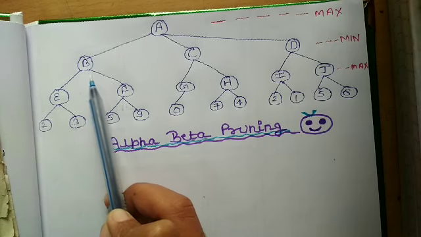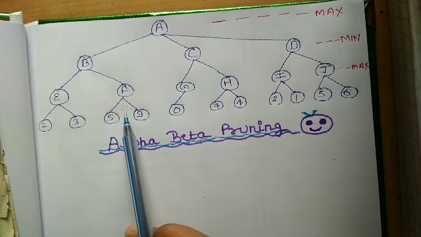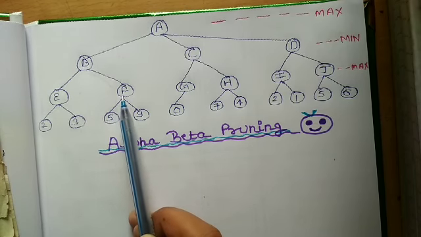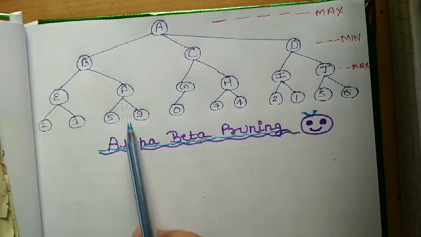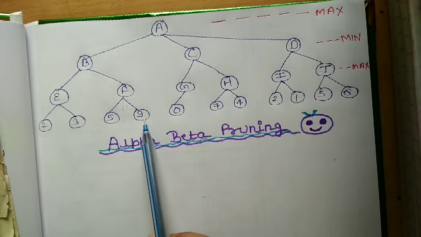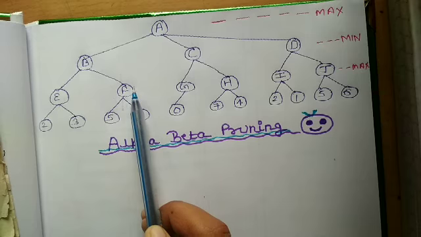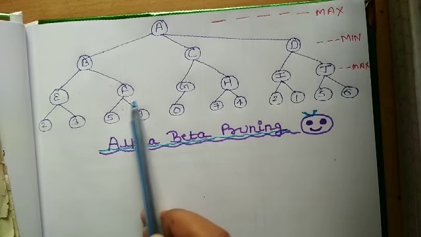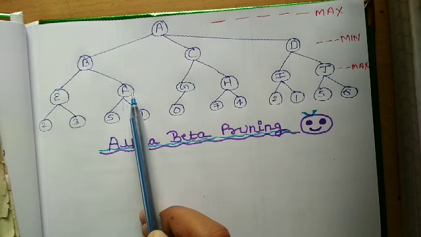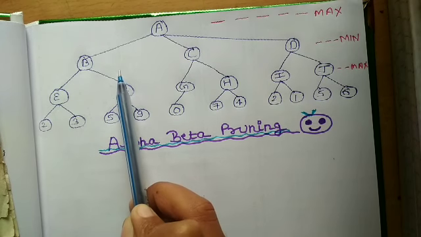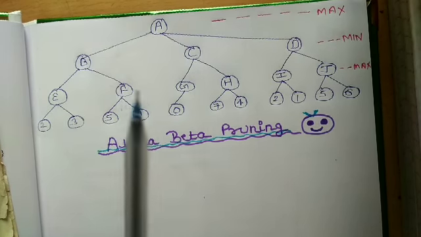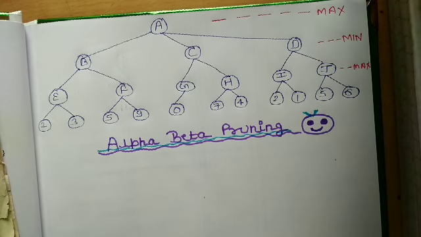After that, you will go there and explore this one, and you will find out that it has also one child. You will explore this one, and then after exploring these two, the value of this node will finally change, and then you will go upwards and do other things.